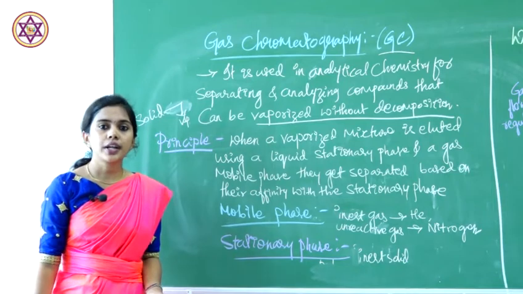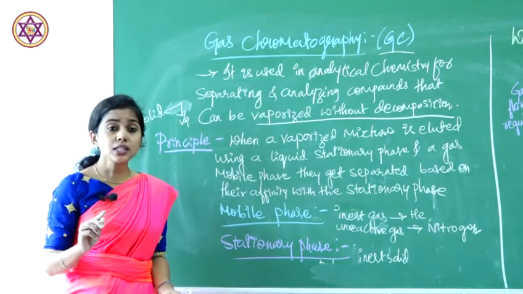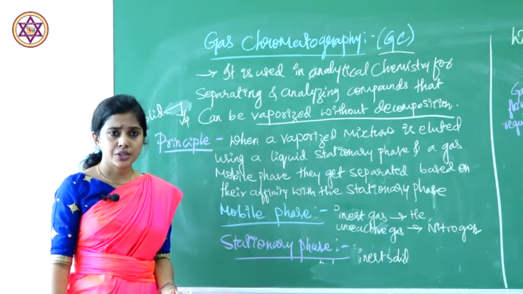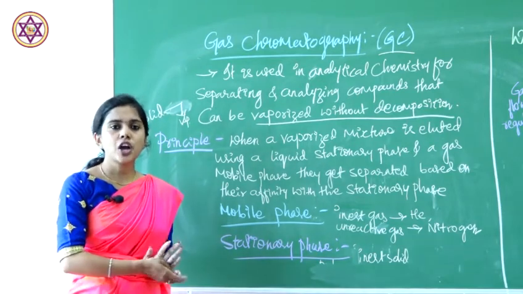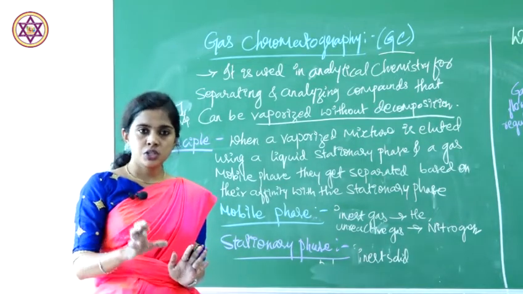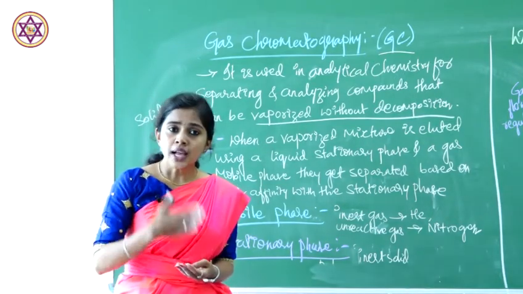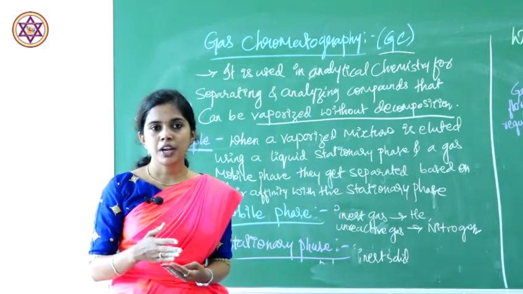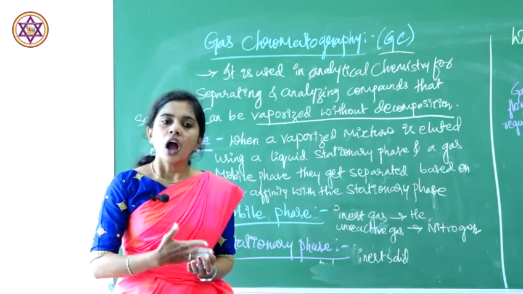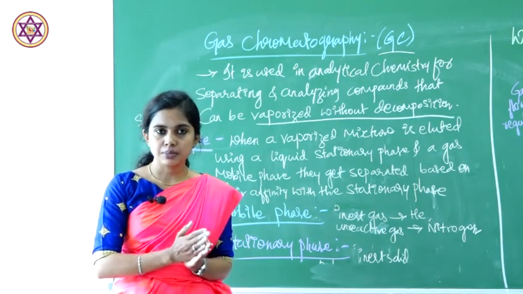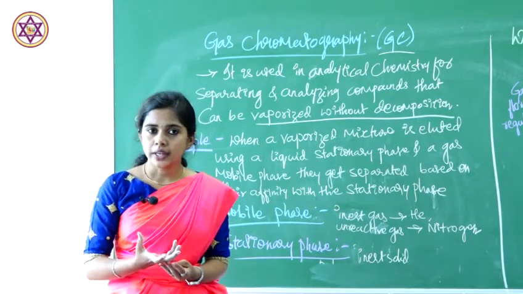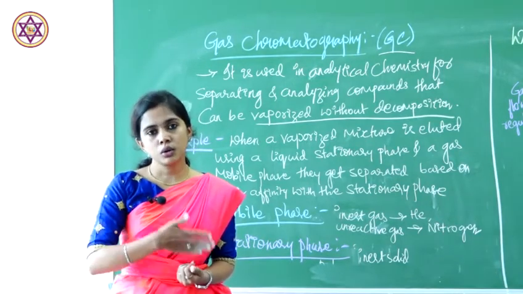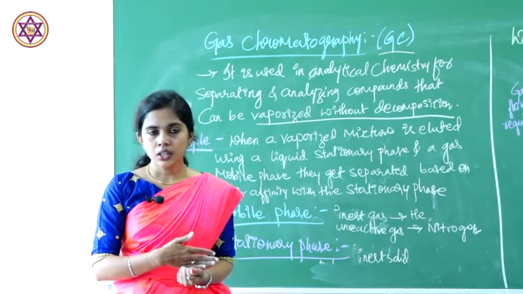What does the principle say? The name itself indicates that we are going to separate gases. How do we separate them? Depending on volatility, on how fast or how slowly they become volatile.